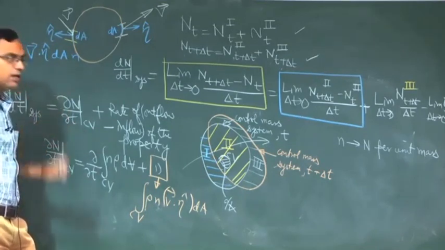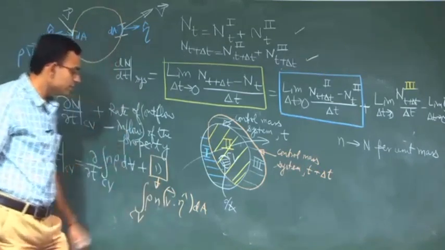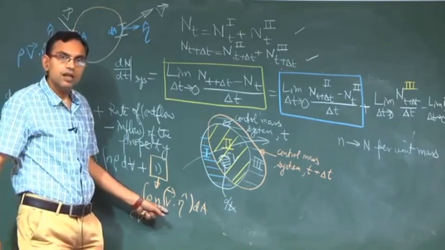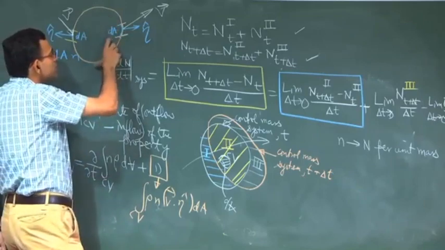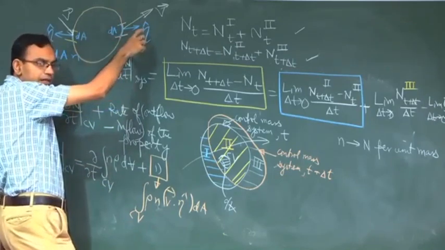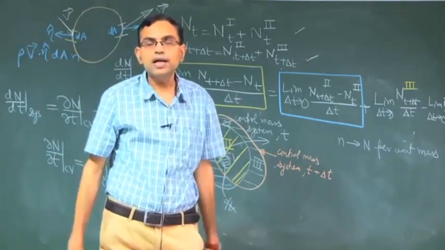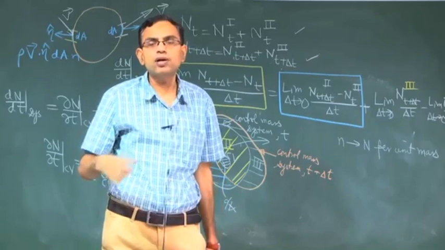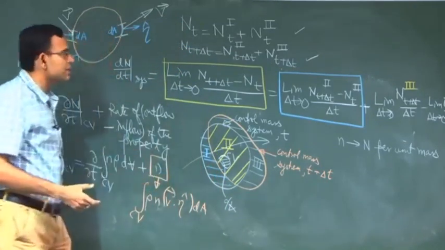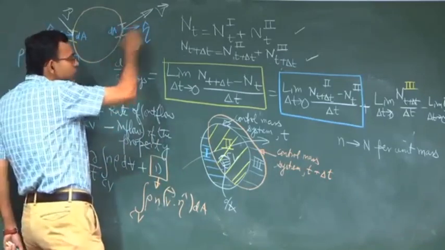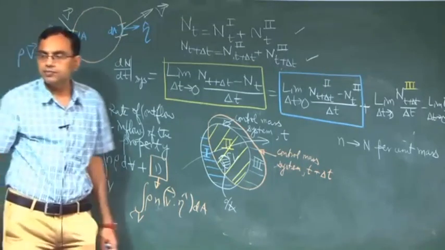There is another subtle point that is missing till now: what is this V? Let us say that this control volume is moving towards the right at 1 meter per second, and this control volume can move, it can deform, it can do anything. Let us say the control volume is moving towards the right with a particular velocity, say 1 meter per second, and this water is also coming out of the control volume with a velocity of 1 meter per second.